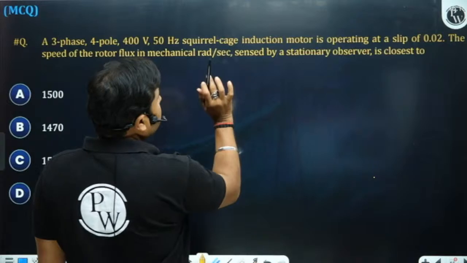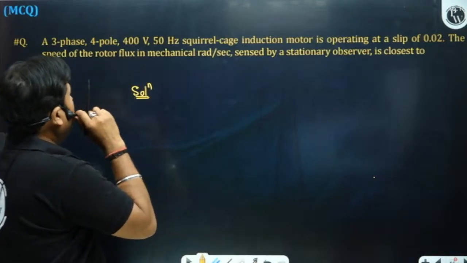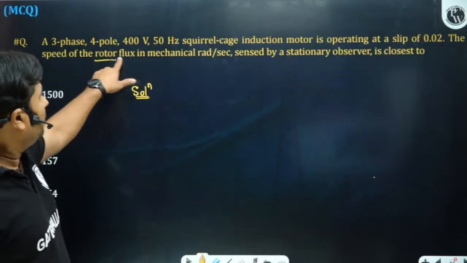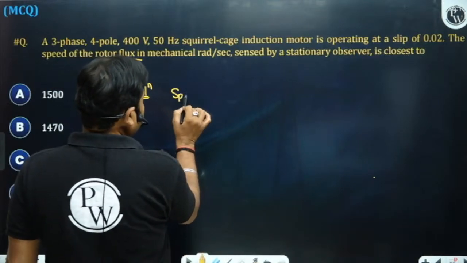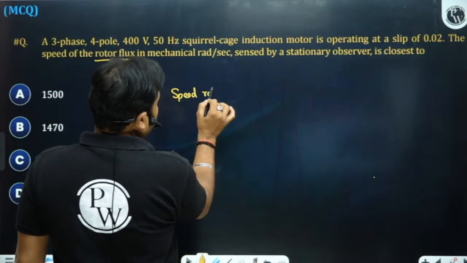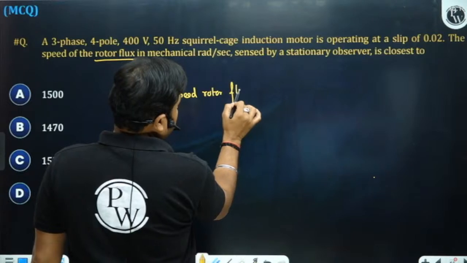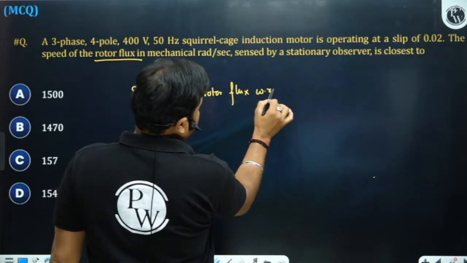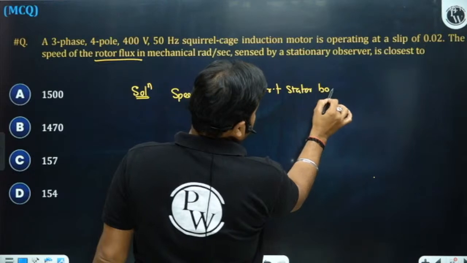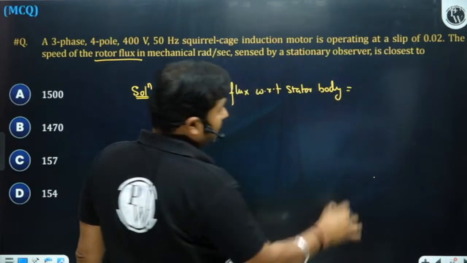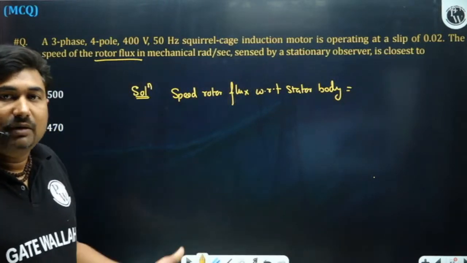So in a squirrel cage induction motor, we need to find the speed of rotor flux with respect to stator body. So speed of rotor flux with respect to stator body is the speed of rotor flux sensed by the stationary observer.